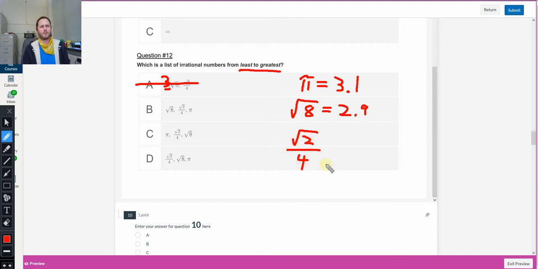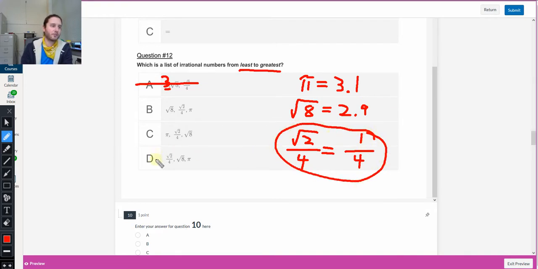The square root of 2, whatever that is, it's got to be a little bit more than 1, because 1 times 1 would be 1, and 2 times 2 would be 4. So this part up here, the square root of 2, that's probably like 1.2. So we could just round that down to like 1/4. Like this is going to be really small. So it should be this one first, which automatically gives us D. And then it would be this one second and this one third.